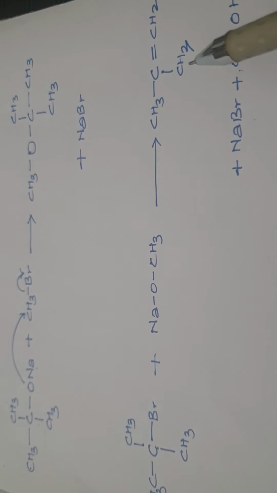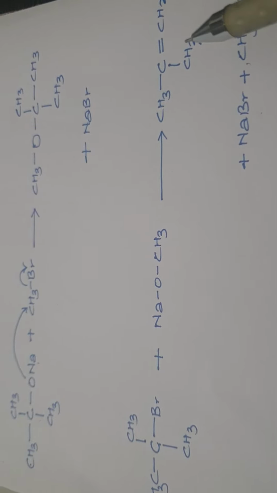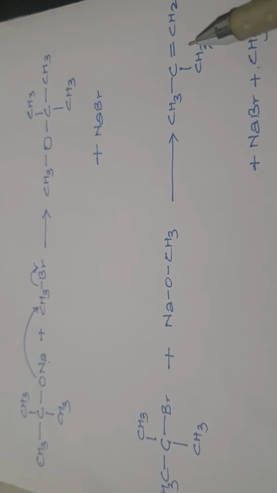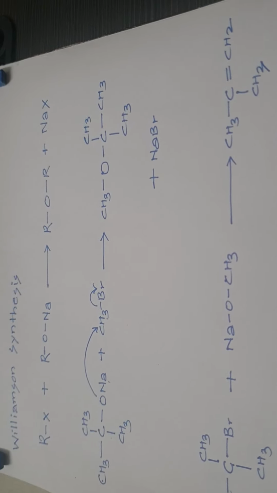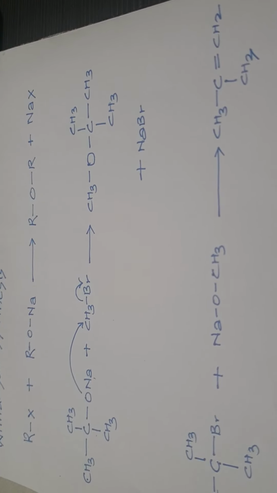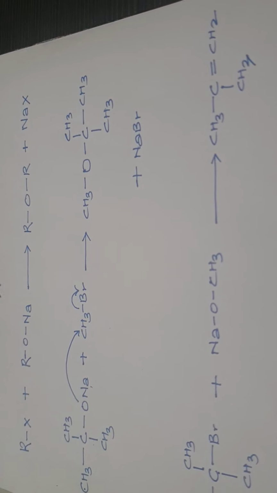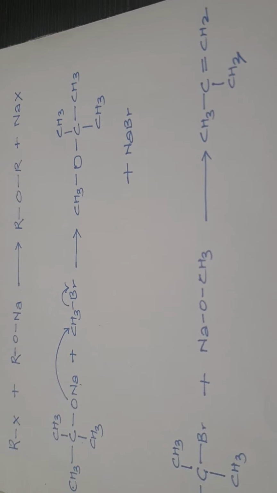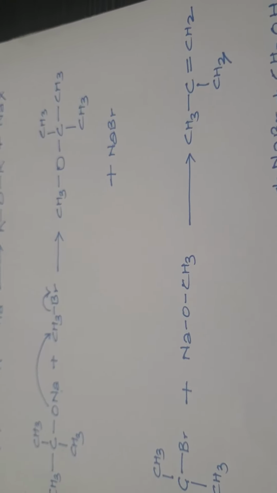So you have to understand over here that Williamson synthesis is nothing but a reaction of sodium alkoxide with that of alkyl halide. The alkyl halide has to be always primary. If it is secondary or that of tertiary, it will tend to undergo elimination reaction, giving us alkene as our product.